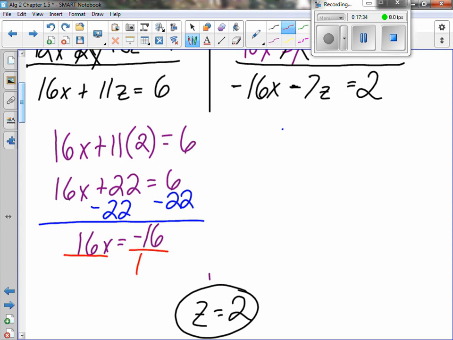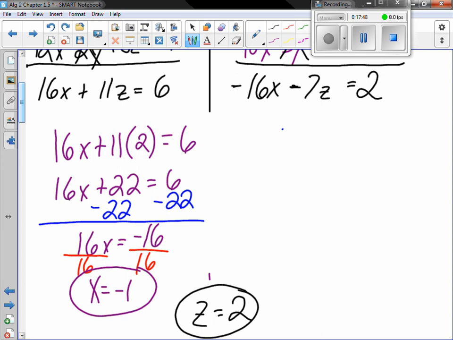And then we what? Divide both sides by? Be negative 1. If it was negative 16, x equals negative 16, then it would be positive 1. So far we found that x is negative 1. I'm going to write this on the sideboard.